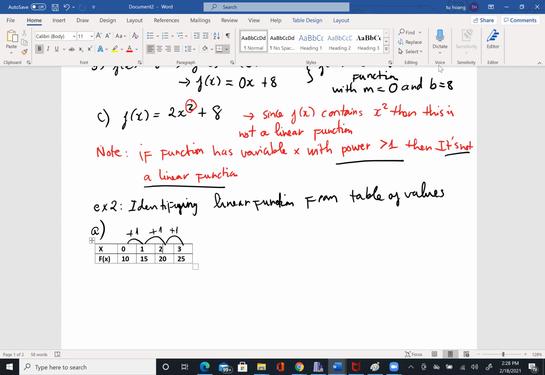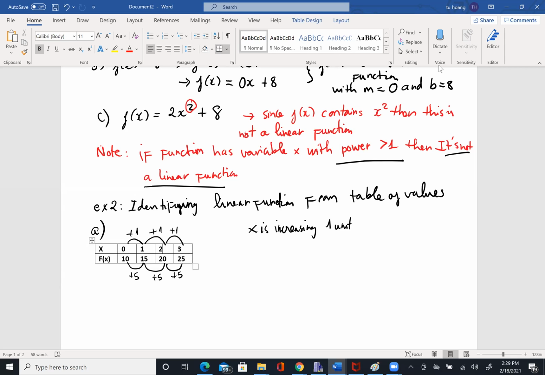So that means x is increasing 1 unit each time. Then what happened with f(x)? From 10 to 15, it's adding 5, right? And then 15 to 20, it's adding 5. Oh, it's constantly adding 5.